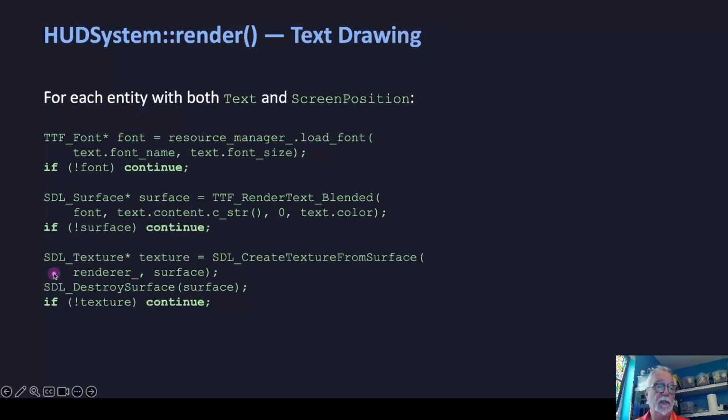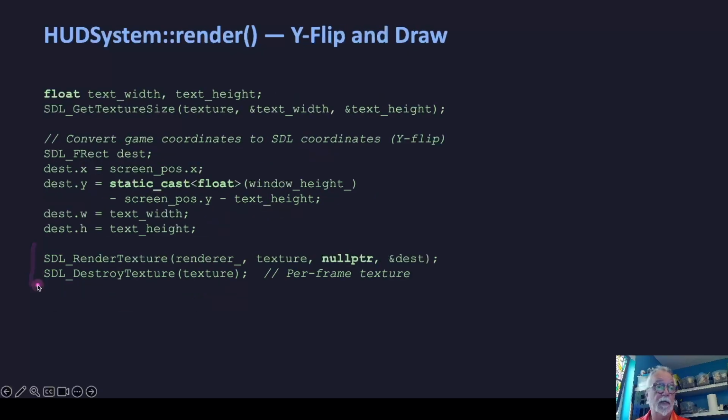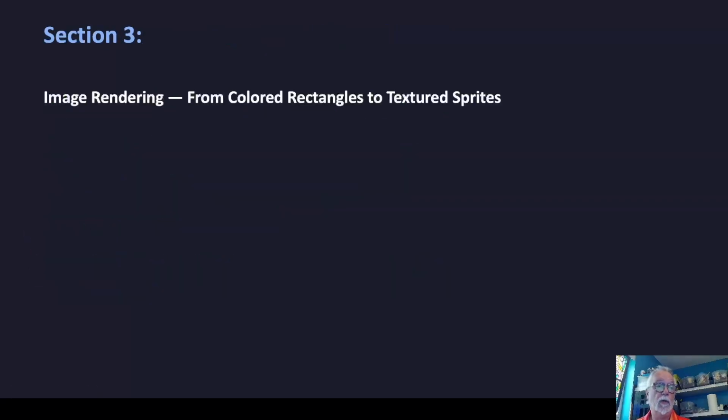Now notice that here we got rid of our surface, and then right here, we destroy the texture. So we have to do that per frame because the string may change. Okay, that's it for our HUD.